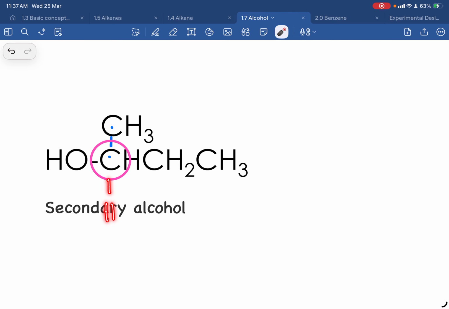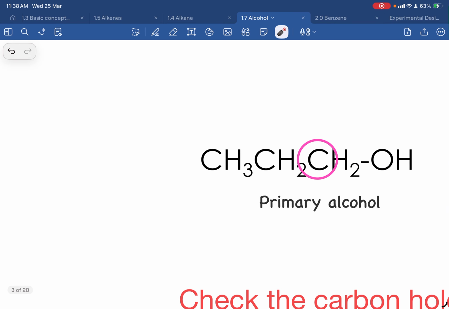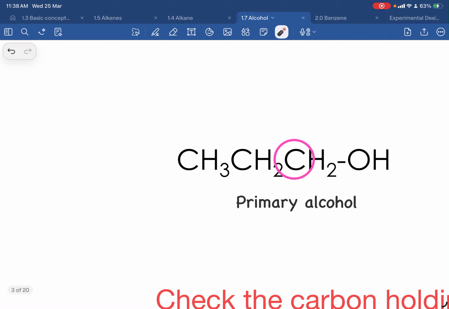There is 1 H here and here is OH, so this is a secondary alcohol. And this is an example of a primary alcohol. Madam, is this very important? Yes, this is going to be important when your alcohol undergoes the oxidation process later, because different alcohols will result in different types of products.